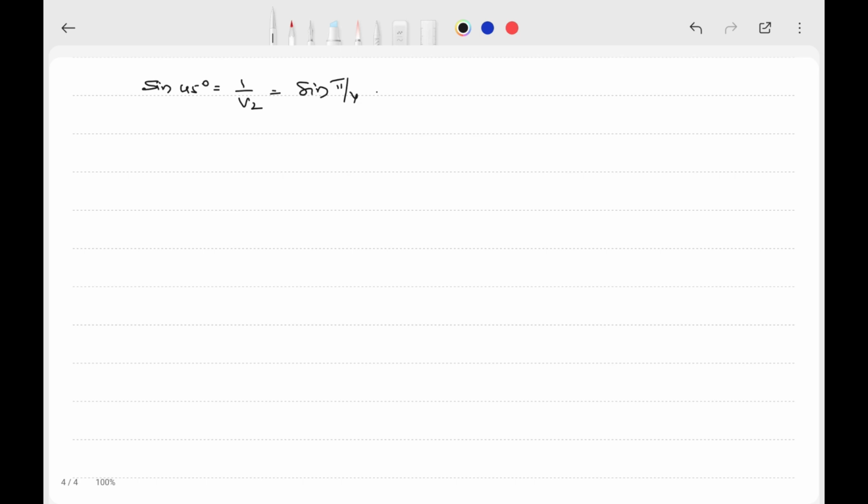Here, cos 45 degrees is equal to 1 by root 2, that is cos pi by 4. Tan 45 degrees is equal to 1, that is tan pi by 4. Please remember these values.